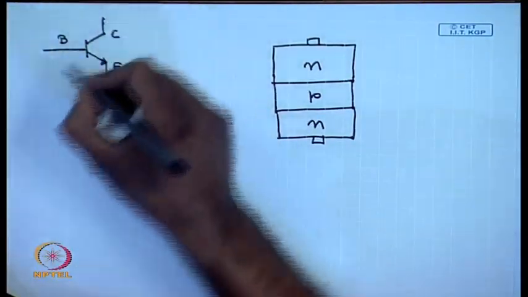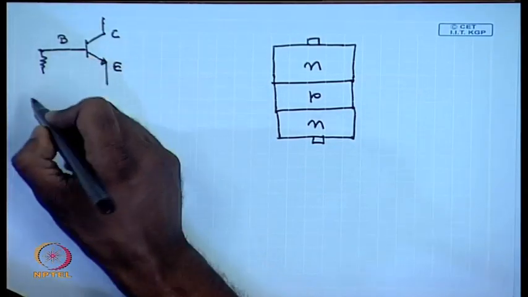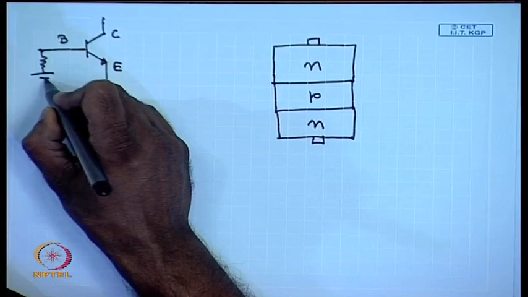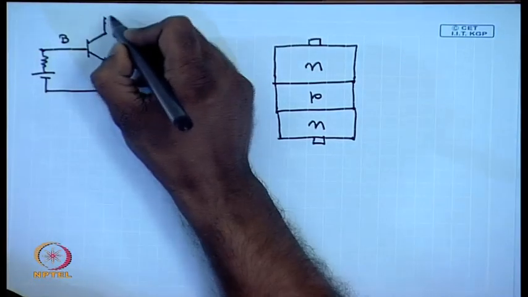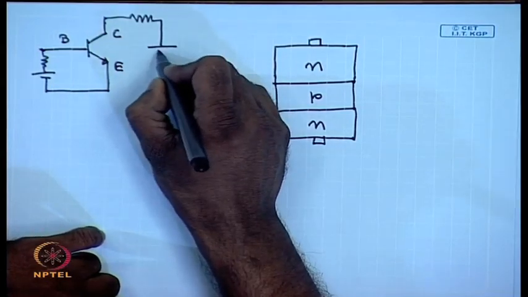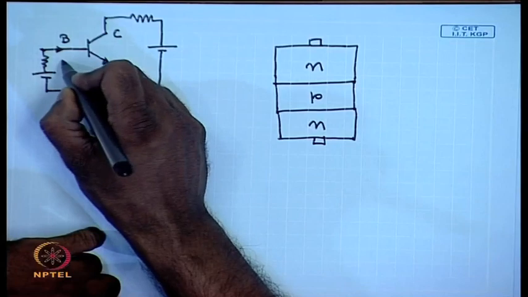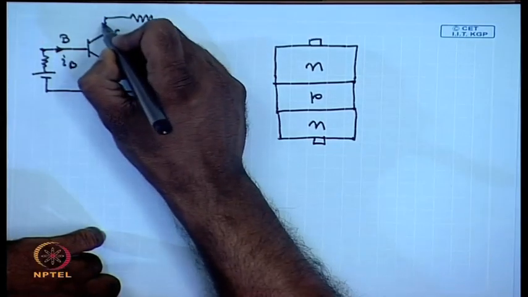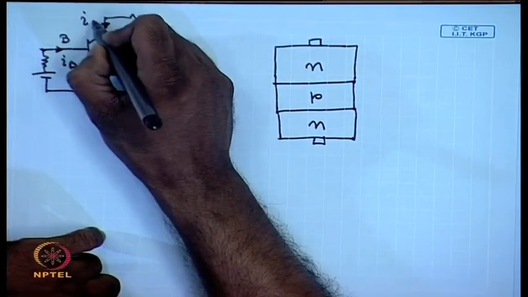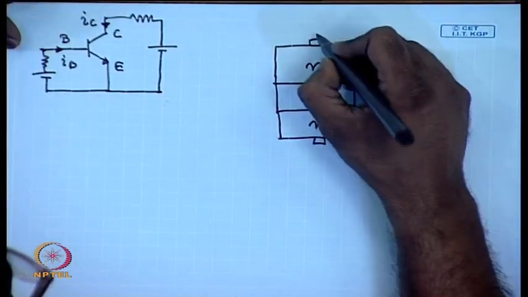You all know that if a certain current is injected into the base, then a proportional current flows through the collector terminal.